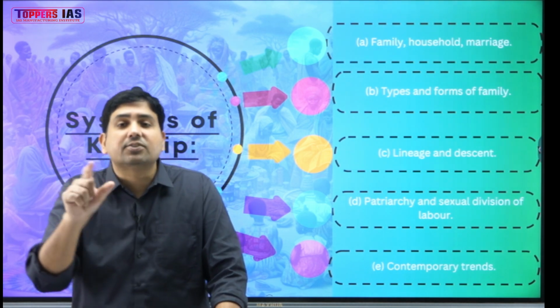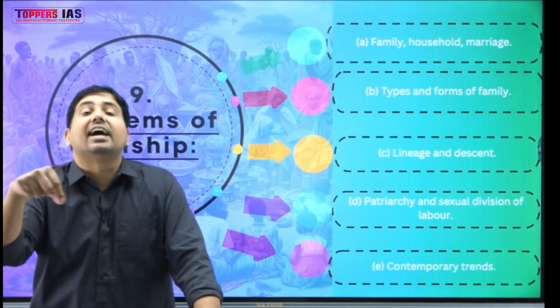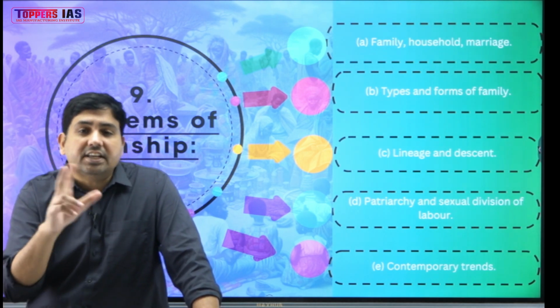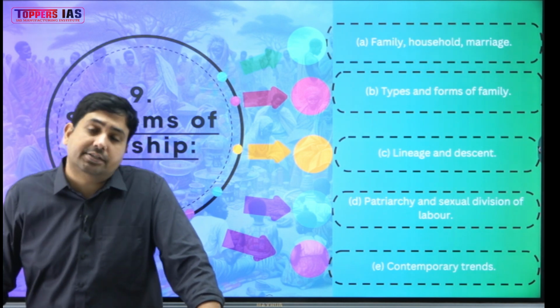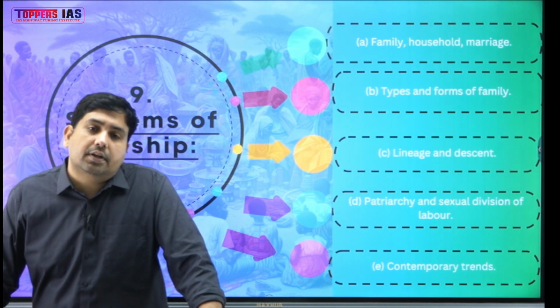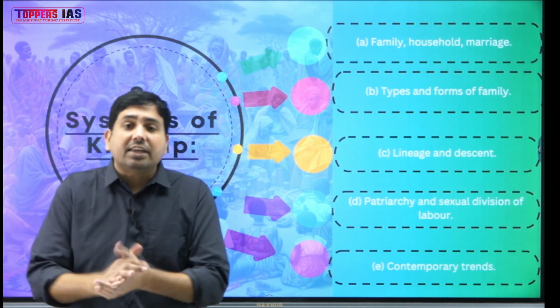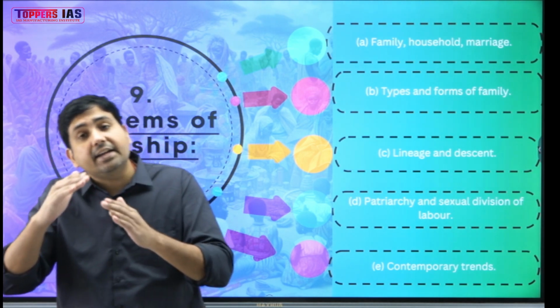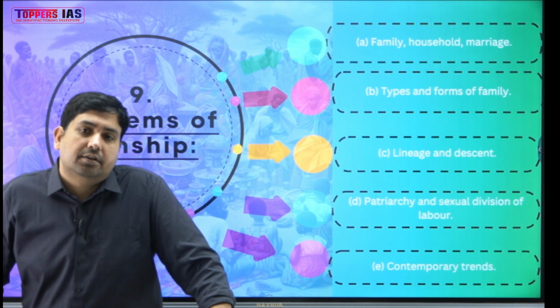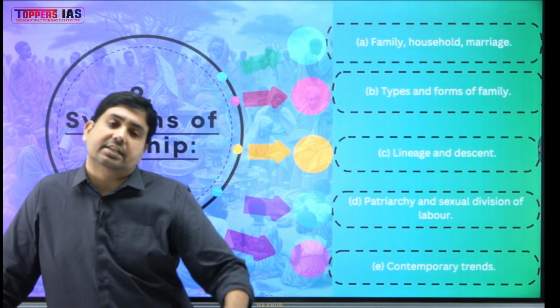And there is another thing also, marriage, that is alliance. So relationships are formed on these two bases, either blood or marriage. Here it tries to define who is related to whom and the rights and obligations that come with those relationships.